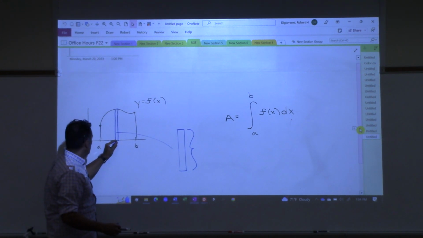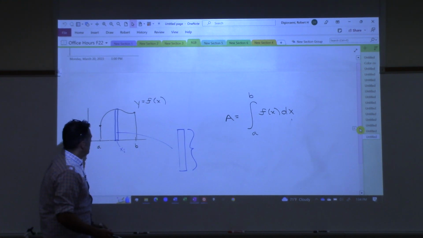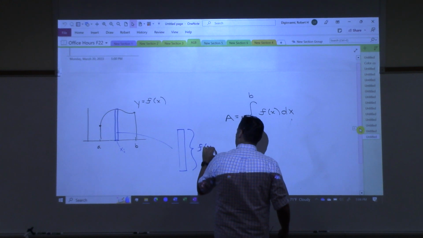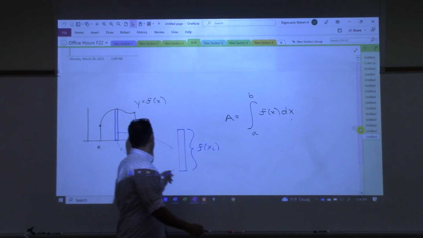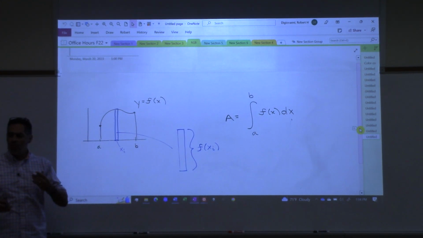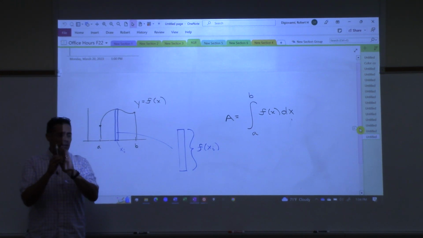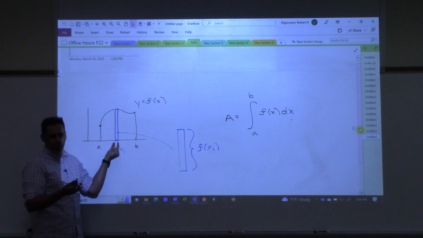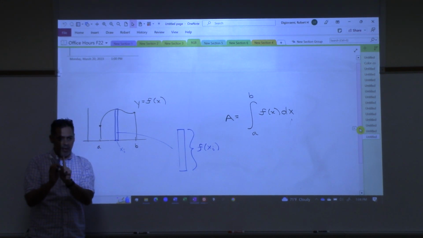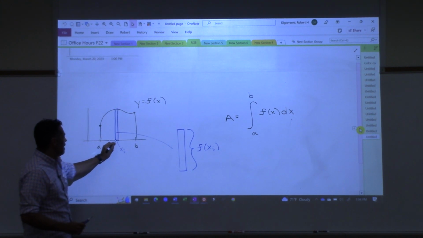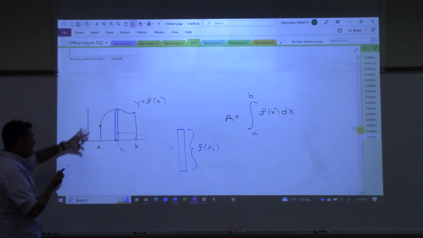So I'm going to call this some arbitrary point, x sub i. The height of this rectangle will be f of x sub i. The reason it doesn't matter which point we pick is because when we take a limit and let n go to infinity, this thing shrinks down. So it doesn't matter if it's left endpoint, right endpoint, middle point. They all converge together to one single point. That's why it can be arbitrary between the left and right. So that's the height of the rectangle.